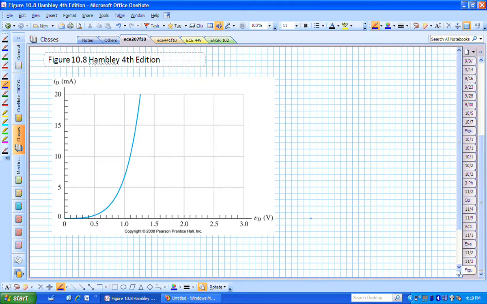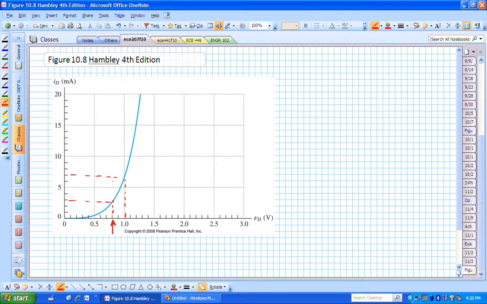Meaning, if we had 0.8 volts dropped across that diode, then we should be having about 3 milliamps of current flowing through it. If we had 1 volt dropped across that diode, then maybe we would have more like 7 milliamps of current flowing through. And that's not a linear relationship between the current and the voltage.